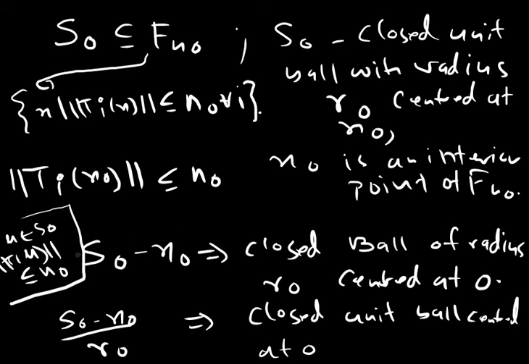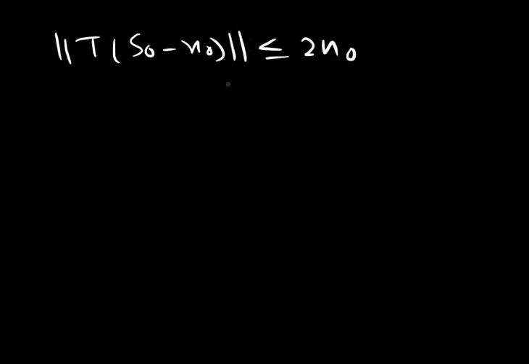If you take any element in T of S naught minus x naught, it is less than 2N naught, because S naught is a subset of F_n naught. By the triangle inequality, the norm of Tu plus Tv is less than or equal to N naught plus N naught, that is 2N naught.